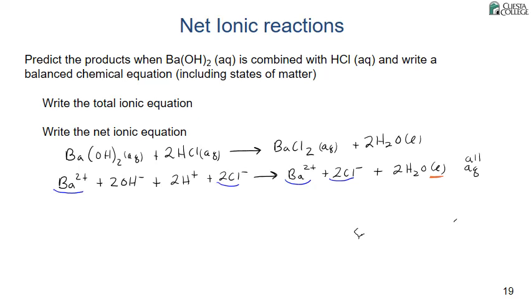In this case, that works out to be 2OH- plus 2H+, and that turns into 2H2O liquid. Since we're dealing with a net ionic equation at this point, the states of matter of the reactants should be included. And so this would be the net ionic equation.